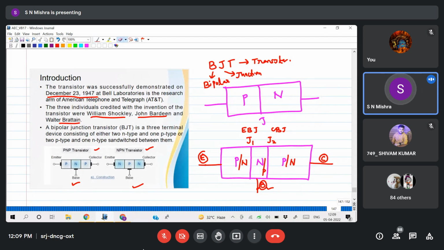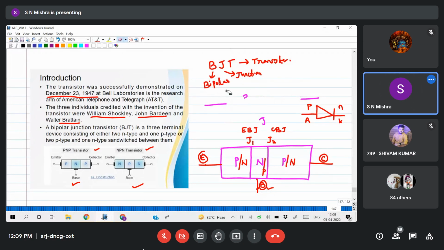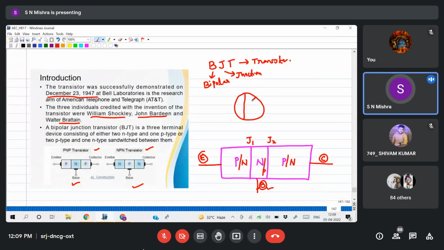And if I go for the symbol, like a diode has the symbol like this, so this is your P, this is your N, this is your anode, this is your cathode. Similarly, for the transistor symbol, first you have to make one circle, a vertical line, two inclined lines which are not touching each other, then in between that another line. Then a straight line like this.